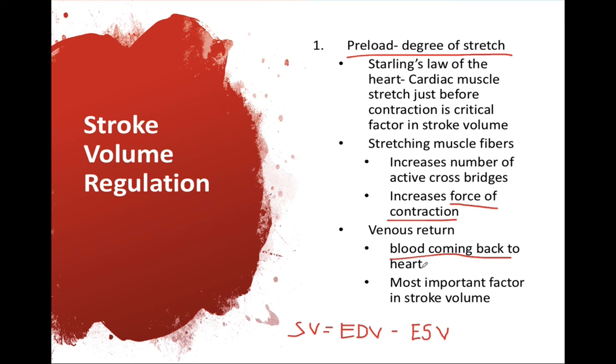If the duration of ventricular diastole doesn't last for a long enough time, the ventricles might end up contracting before they are adequately filled with blood. Now, the venous return is also a very important factor in the regulation of the stroke volume. The more blood that's returning back to the heart, the more blood that ends up in the ventricles. And the more blood that ends up in the ventricles, the greater the end diastolic volume.